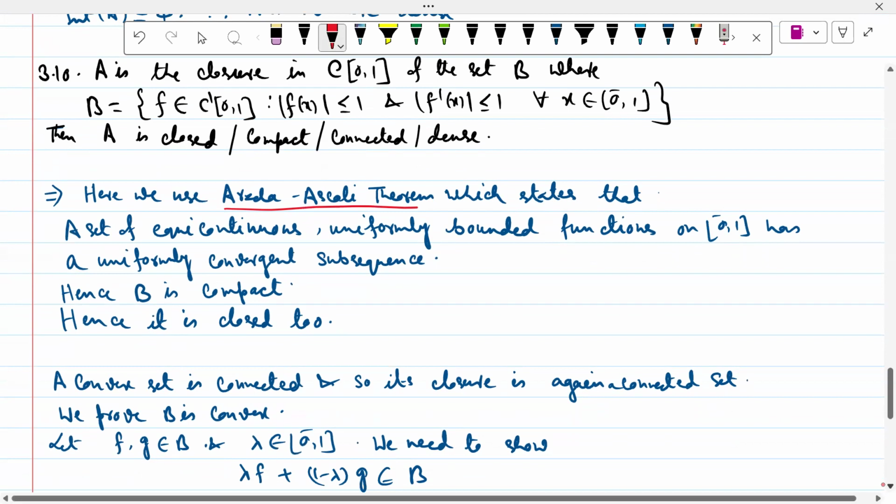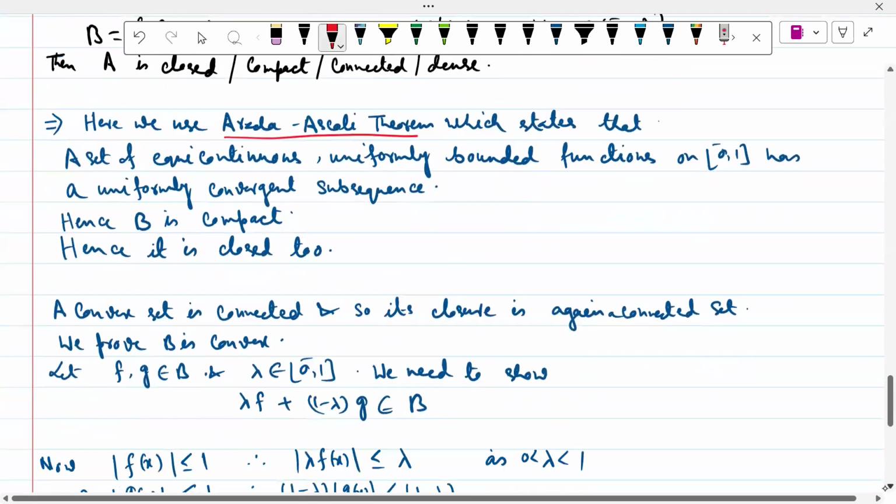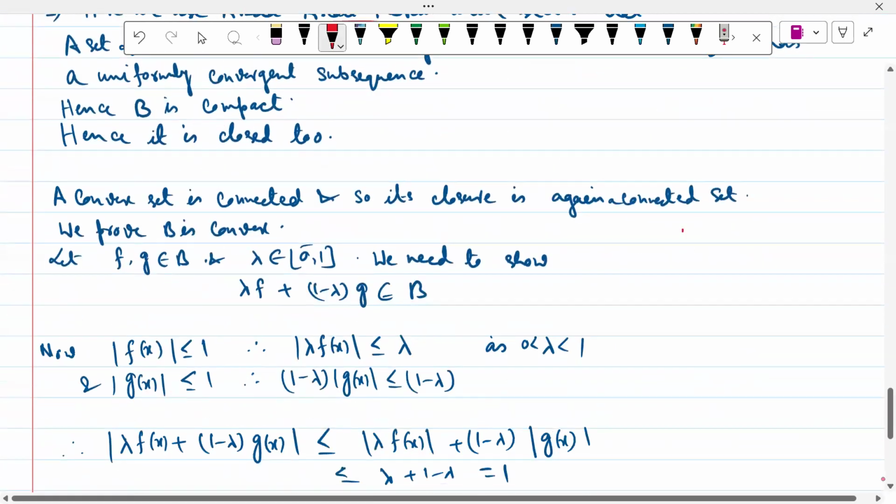So now we show that it is connected. Before showing connected, we show that this is a convex set. So what is a convex set? A convex set looks like this: if you have any two points, and you can join them by a line, the whole line has to be inside this space.